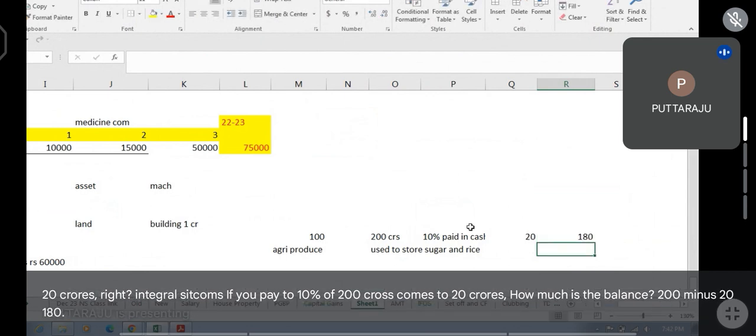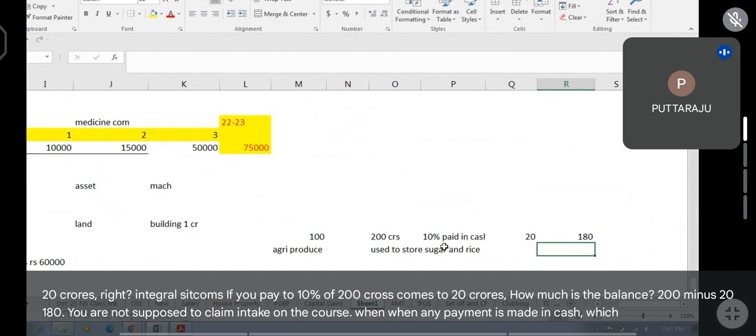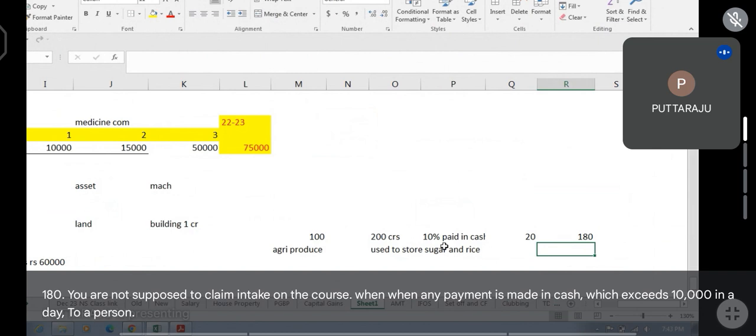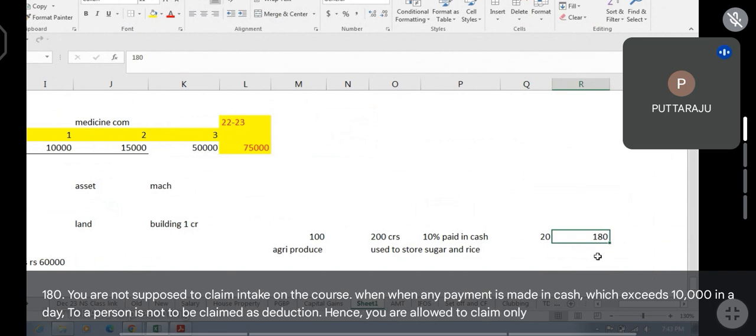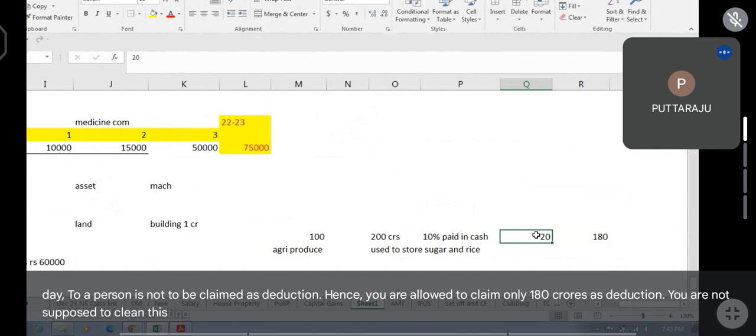You are not supposed to claim the entire 200 crores. When any payment is made in cash which exceeds 10,000 in a day to a person, it is not to be claimed as deduction. Hence, you are allowed to claim only 180 crores as deduction. You are not supposed to claim this 20 crores paid in cash.